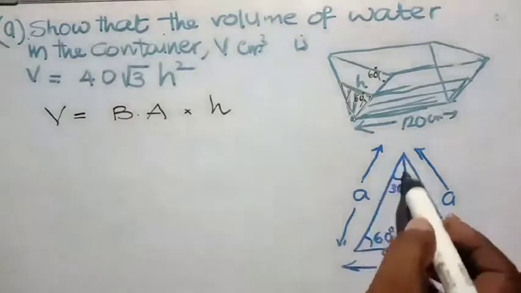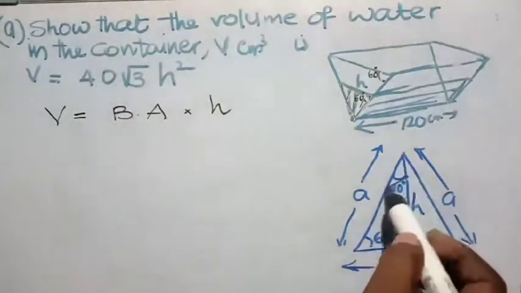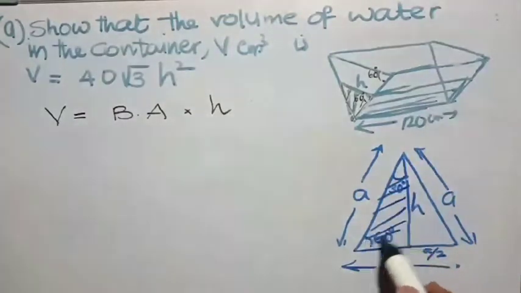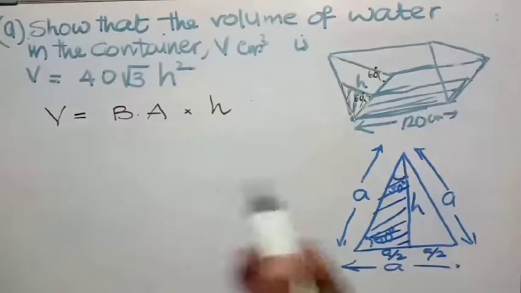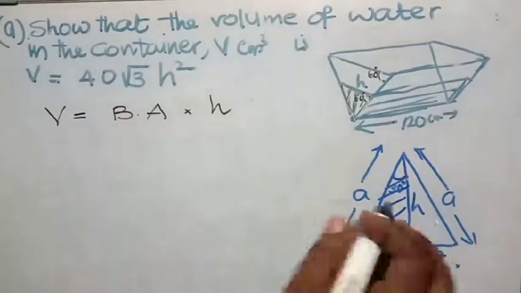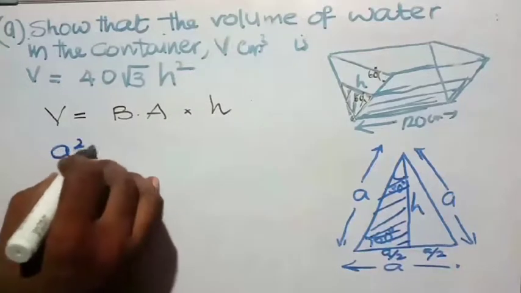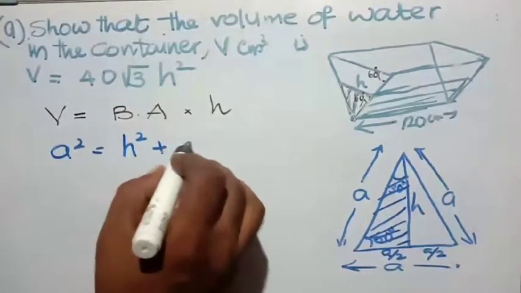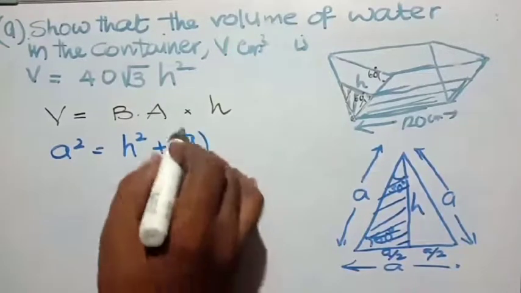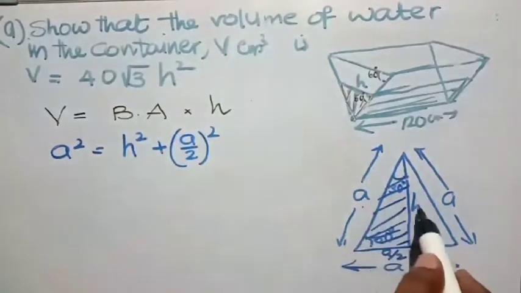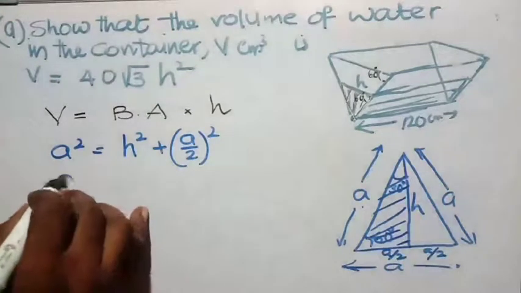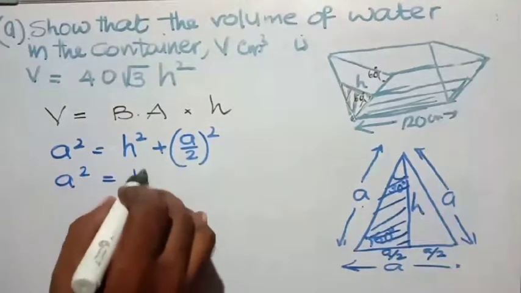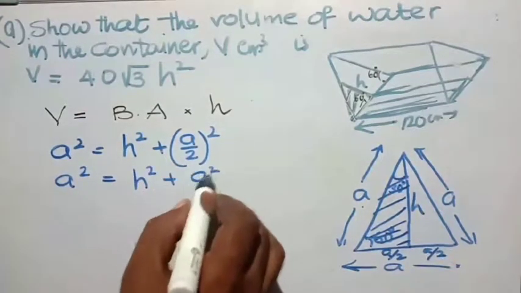So for that, let's take any one triangle. It is a right triangle, so here we can use the Pythagoras theorem. We get A square is equal to H square plus A by 2 the whole square. That is A square is equal to H square plus A squared by 4.